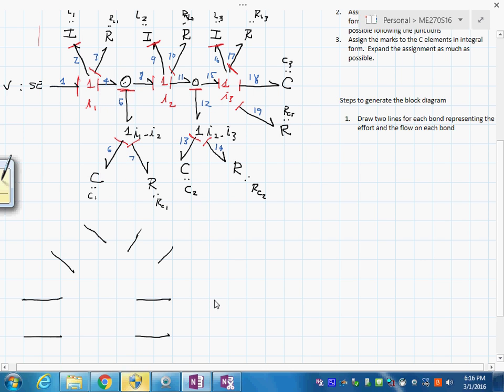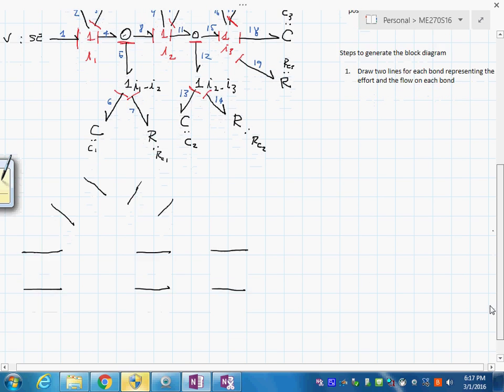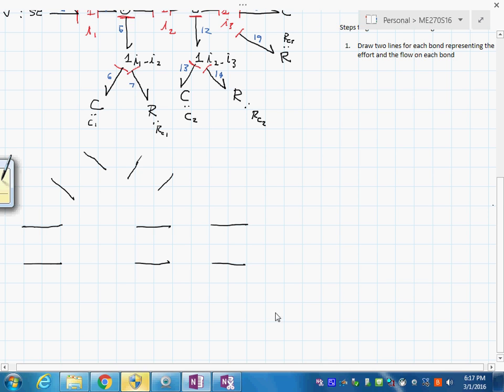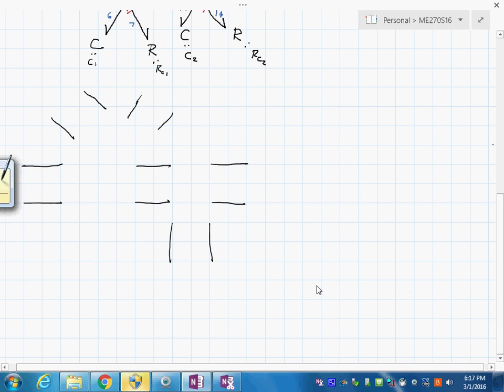We need to do the ones for the I element and for the R. So I would put them like that, and the other one like this. For the R element, you have also this one here, which is a connection in here. And then you have that one.